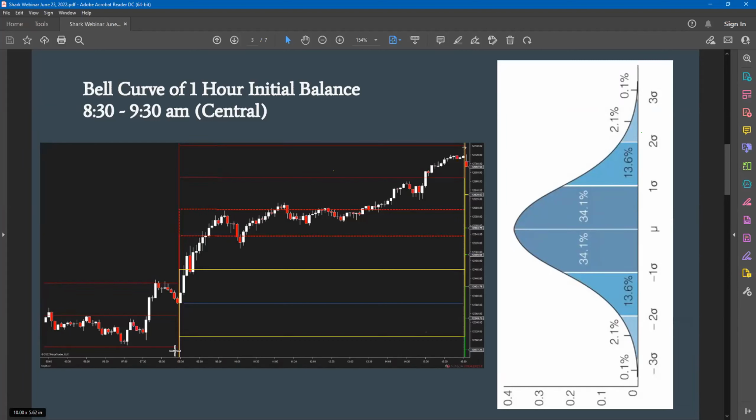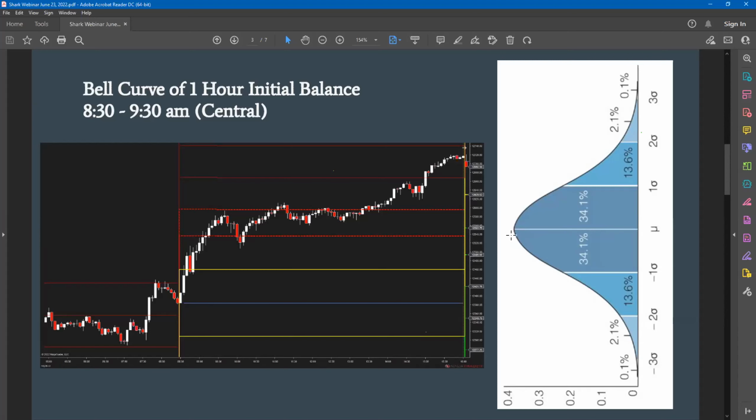I came up with it to put myself inside the middle of the distribution on the open. This 8:30 to 9:30 time frame tells me the 68% of time where that middle is, that price will stay inside of that.